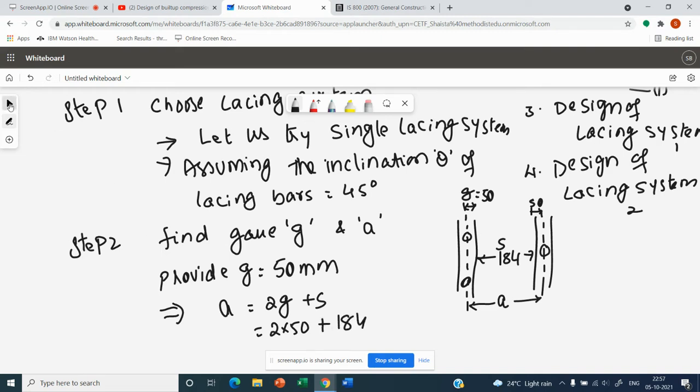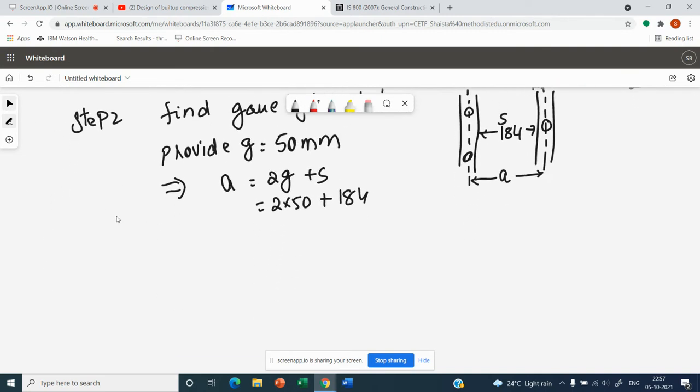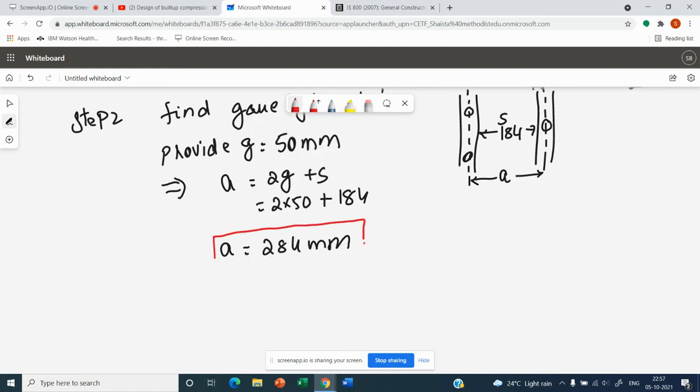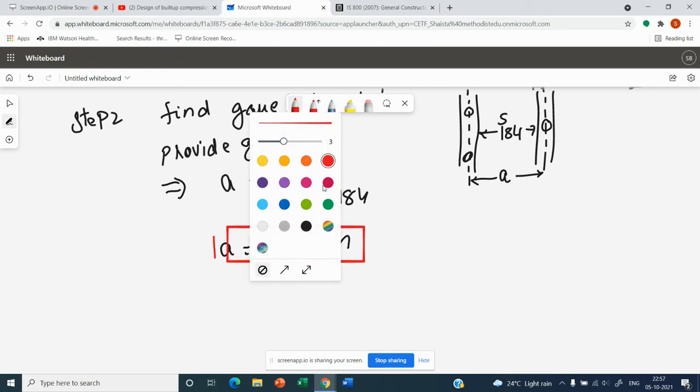So you get the distance between the bolt centers, 284 mm. Okay. So second step is also complete. Fine. So let us go to the next step.